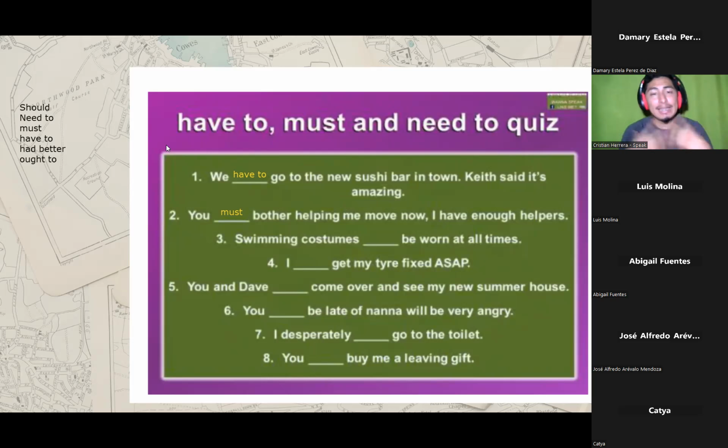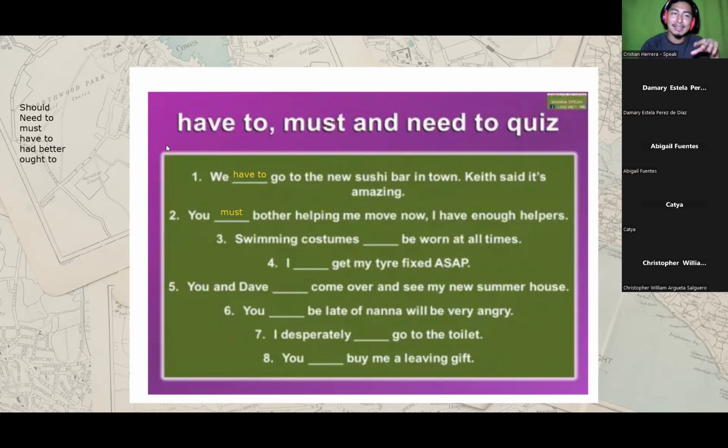So in this context, I could say that bother is like to make someone start feeling uncomfortable, right? In this case, let me tell you that the example should be negative because of the context. You must bother helping me now. I have enough helpers. It mentions that this person has many people to help. So the other person doesn't have the necessity to get up and help, right?